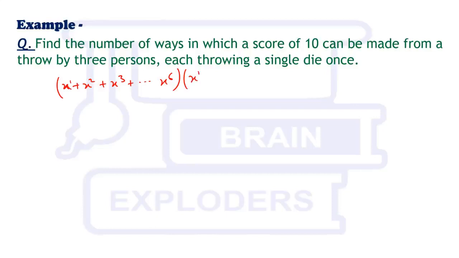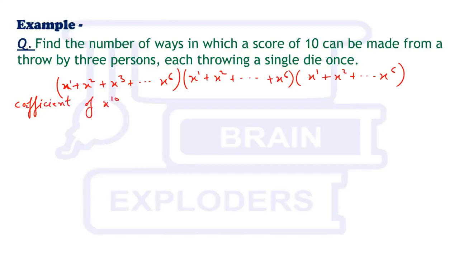Similarly, the second die can make a score between 1 to 6, and the third die can also make these scores. Now from here we have to find the coefficient of x raised to the power 10 in its expansion. Why?